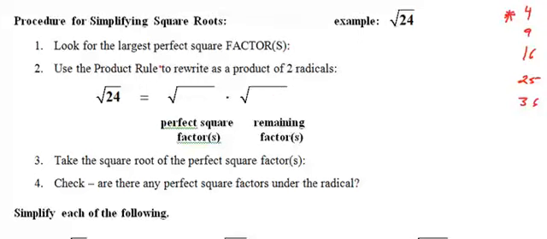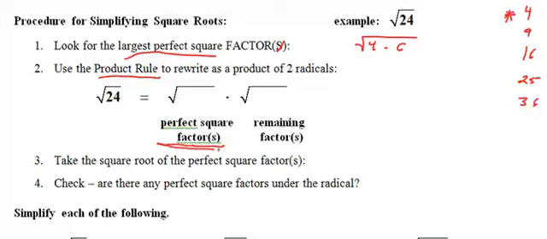So the first thing we're going to do is look for the largest perfect square factor, really. And we found it. We said the square root of 24 is the square root of 4 times, well, let's see, 4 goes into 24 6 times. We're going to use that product rule now to rewrite this as a product of two radicals.